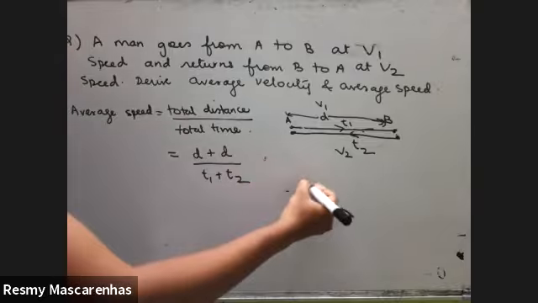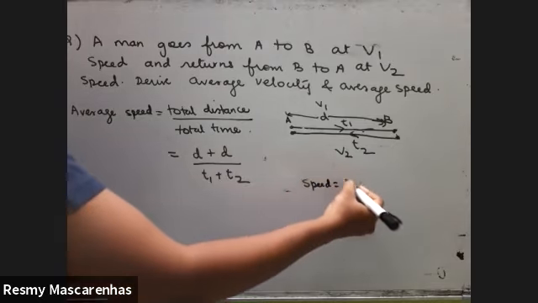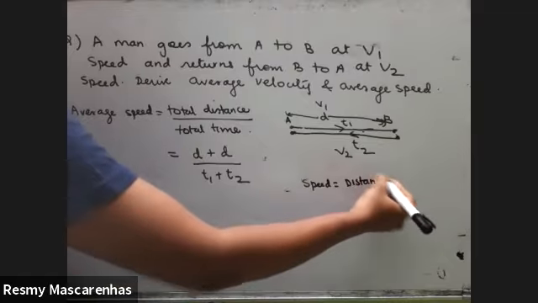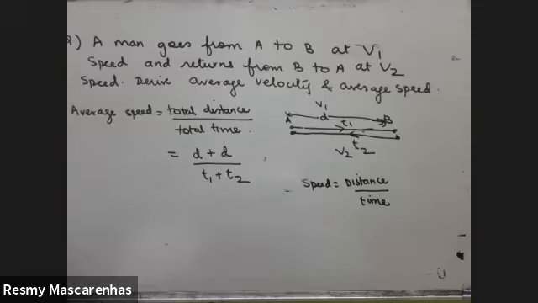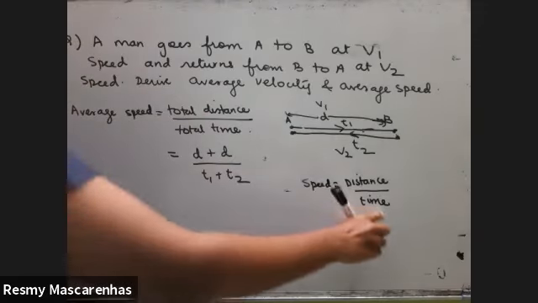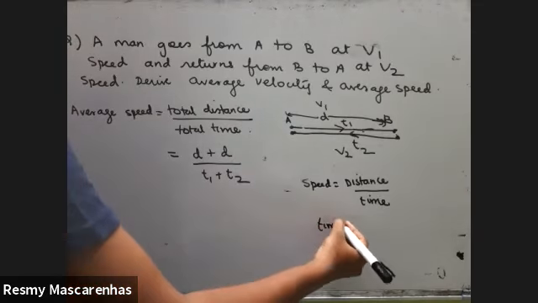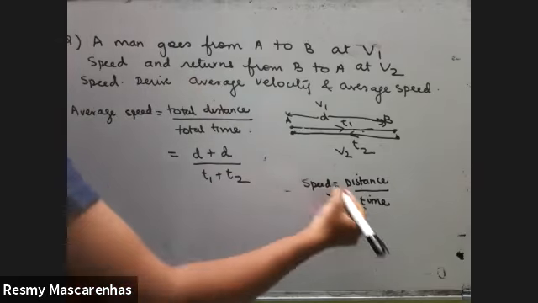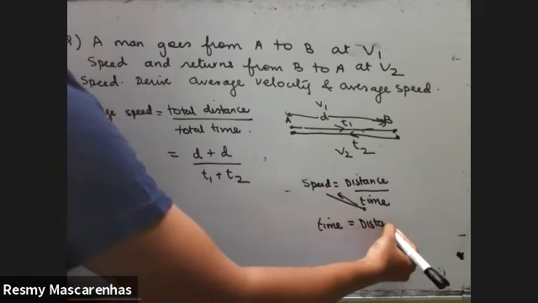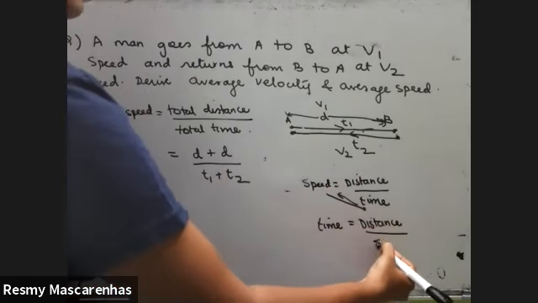You know that speed is nothing but distance upon time. So what is time? If you take this up, this fellow will come down. So time is nothing but distance upon speed.